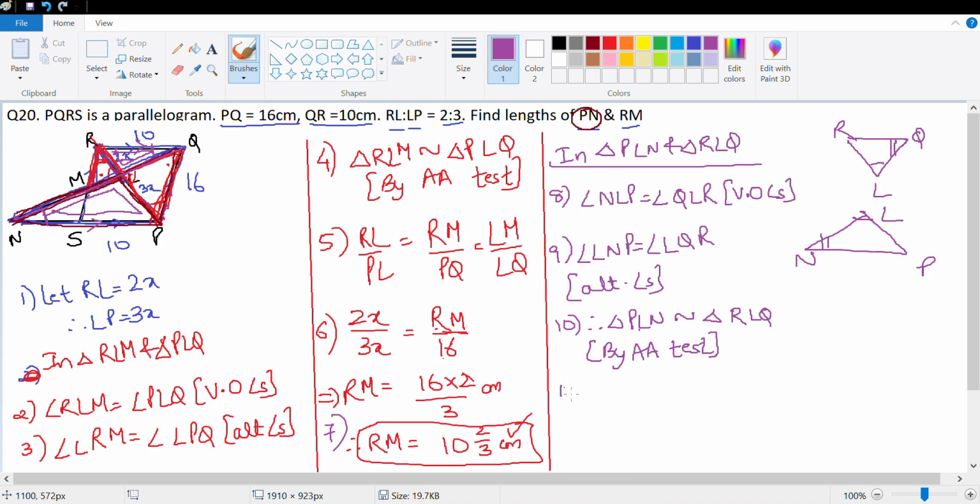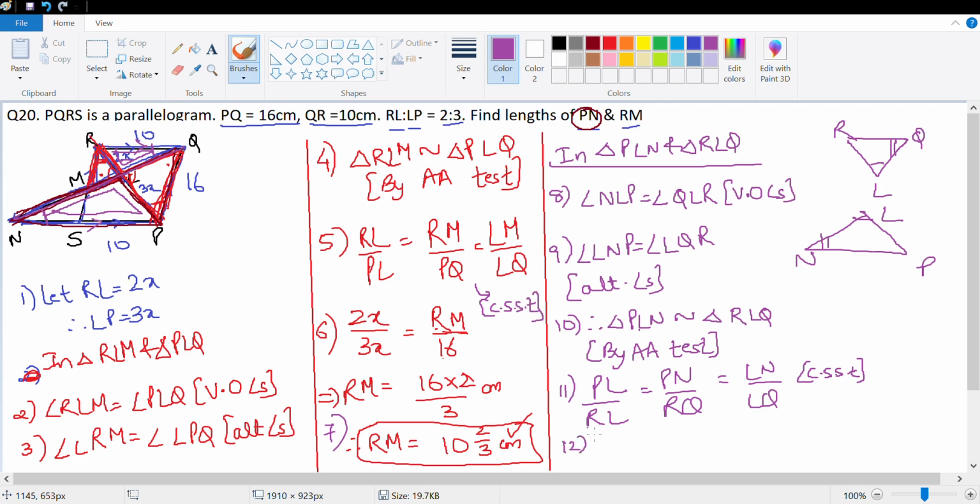Done. Next point, let's look at the proportion. It will be PL upon RL is equal to PN upon RQ is equal to LN upon LQ. This is CSST. Oh, I didn't write CSST here. I should write it here. CSST. Done.